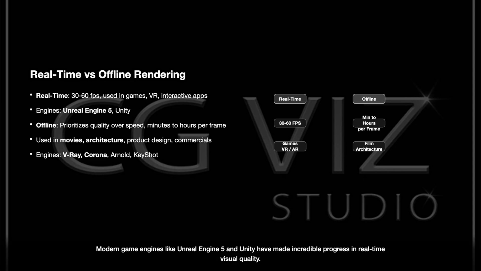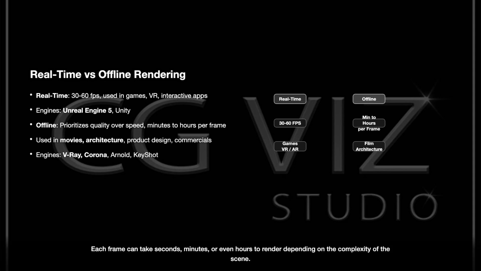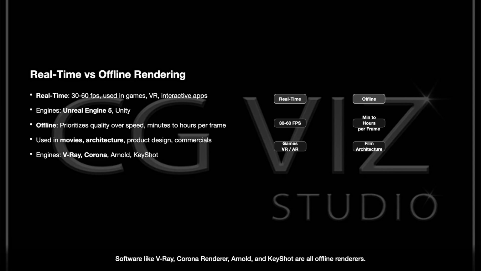Modern game engines like Unreal Engine 5 and Unity have made incredible progress in real-time visual quality. Offline rendering prioritizes image quality over speed. Each frame can take seconds, minutes, or even hours to render depending on the complexity of the scene. This type of rendering is used in movies, TV commercials, architectural visualization, and product design. Software like V-Ray, Corona Renderer, Arnold, and Keyshot are all offline renderers.